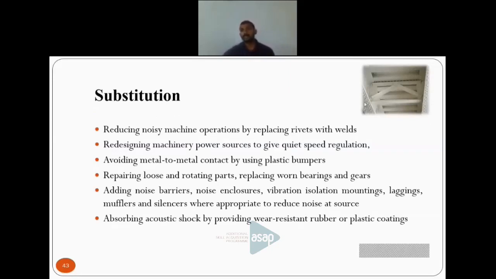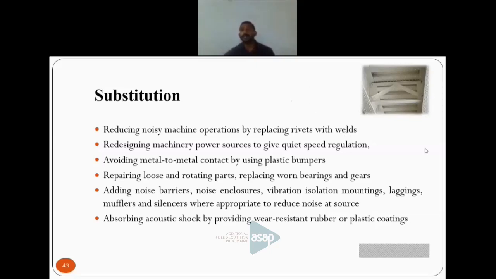Rivet joints we mostly see in railway bridges and overbridges. Instead of these rivets, we could use welds, which will reduce the sound. If rivets are provided, there are chances of higher shaking and higher levels of noise. So in the substitution method, instead of rivets, we can use welds.